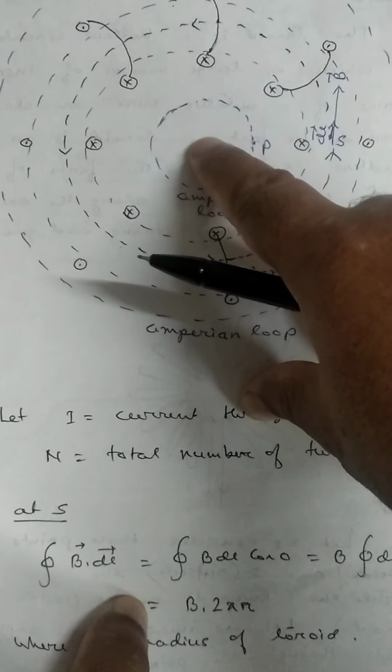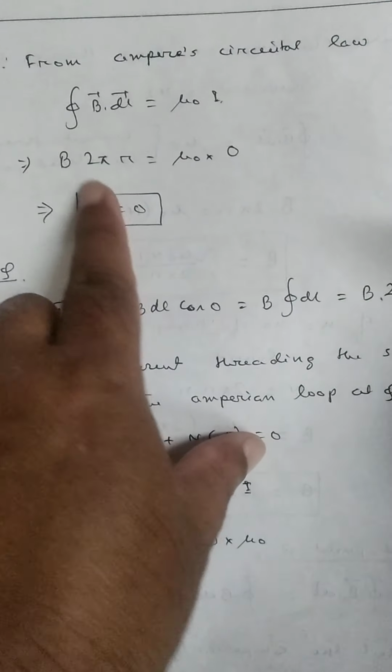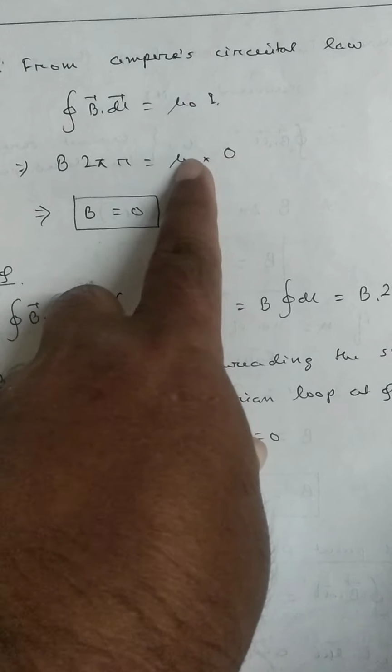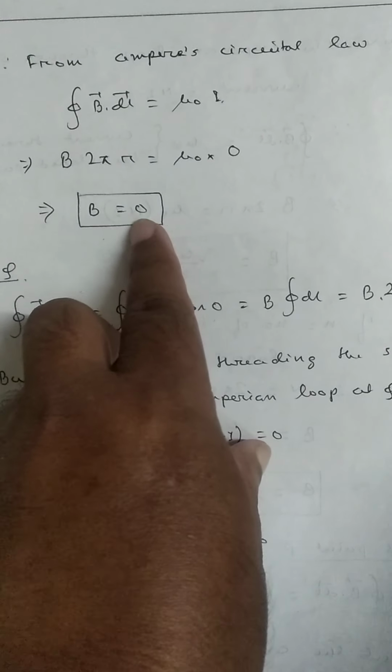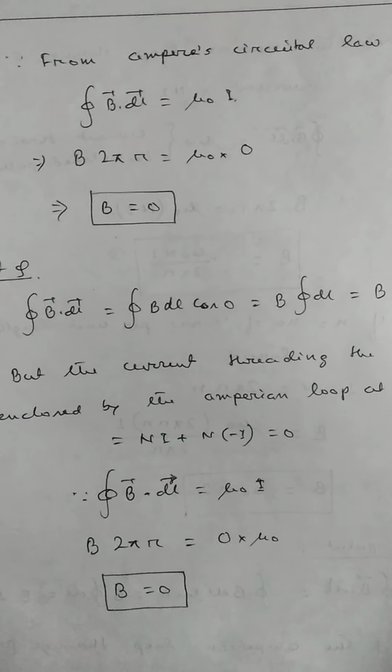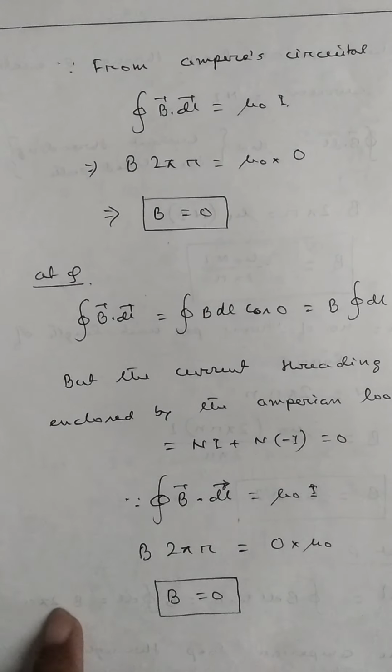Inside this Amperian loop there is no current carrying wire. So I is 0. If I is 0, what do we get? B into twice pi r is equal to mu 0 into 0. So B is 0. That means in the central part of the toroid there is no magnetic field.